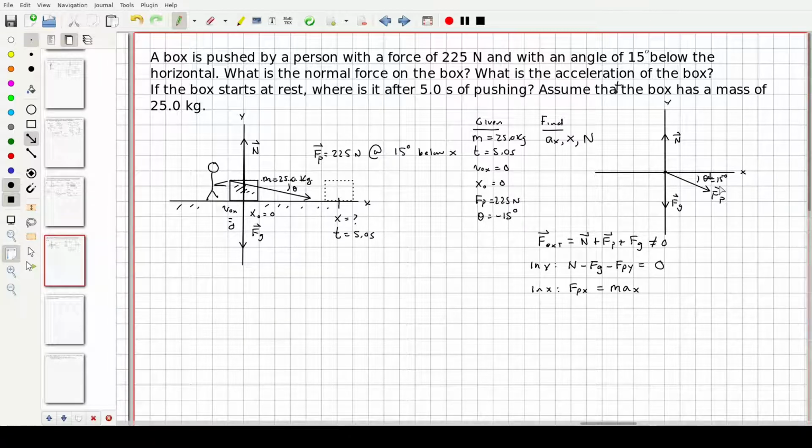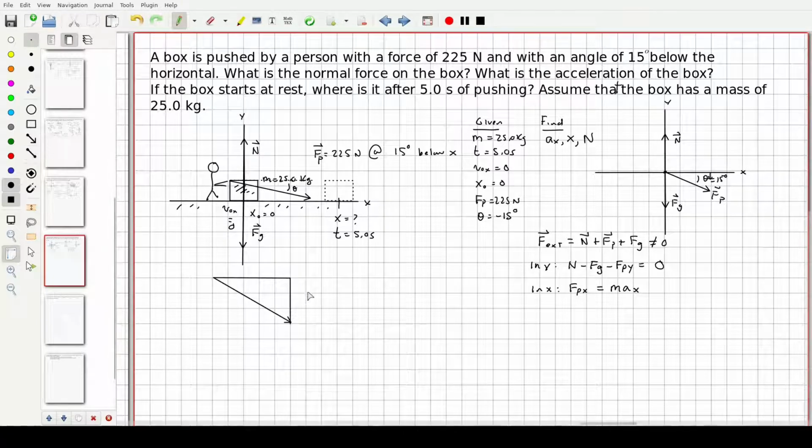Now, I want to be very clear. I've already put the direction in. So there's no reason to put a negative 15 degrees here. Our angle here, as drawn, may be 15 below, but we're dealing with angles that sit between 0 and 90 and letting common sense dictate the direction.